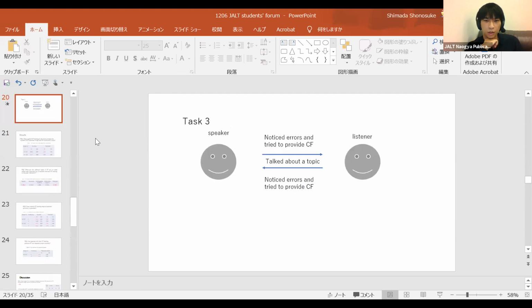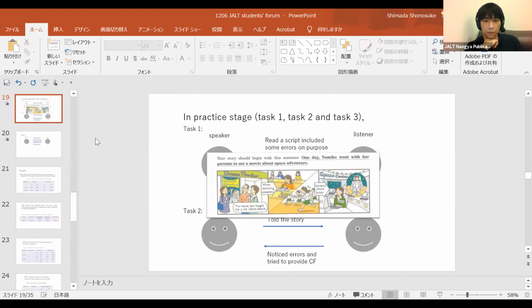But in my opinion, because recast could be a kind of indirect corrective feedback, it would be rather challenging for students to provide accurate or appropriate corrective feedback unless they know some specific target grammar points.